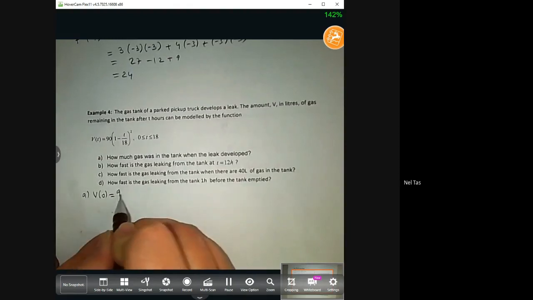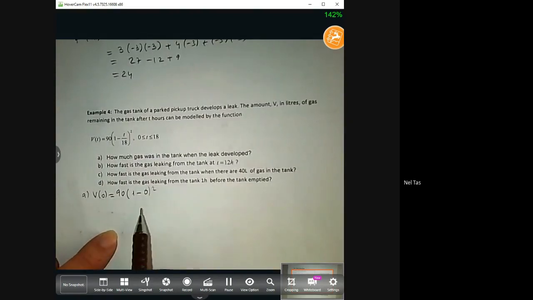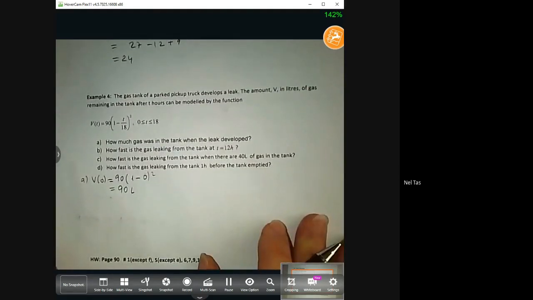So 90 times (1 - 0/18), which is 1 squared, 1, so 90, right? So 90 liters. So this part has nothing to do with calculus at all.